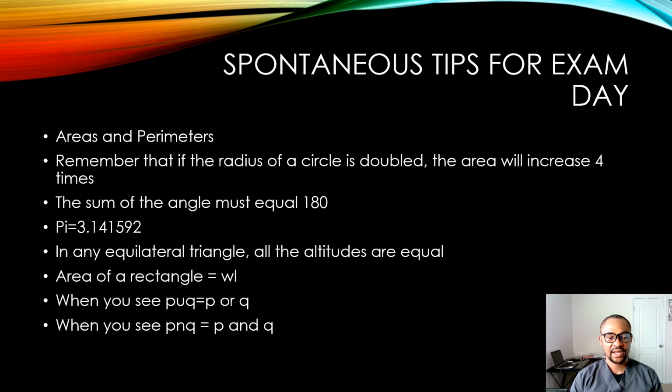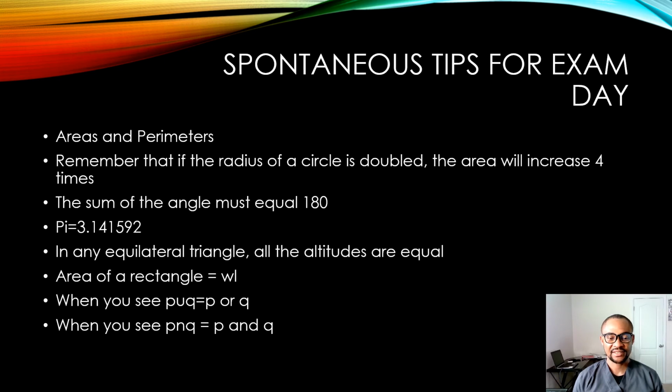So let us look at perimeters and areas, or areas and perimeters. What you have to remember in this area where you're going to be tested is that when the radius of a circle is doubled, the area will increase 4 times.